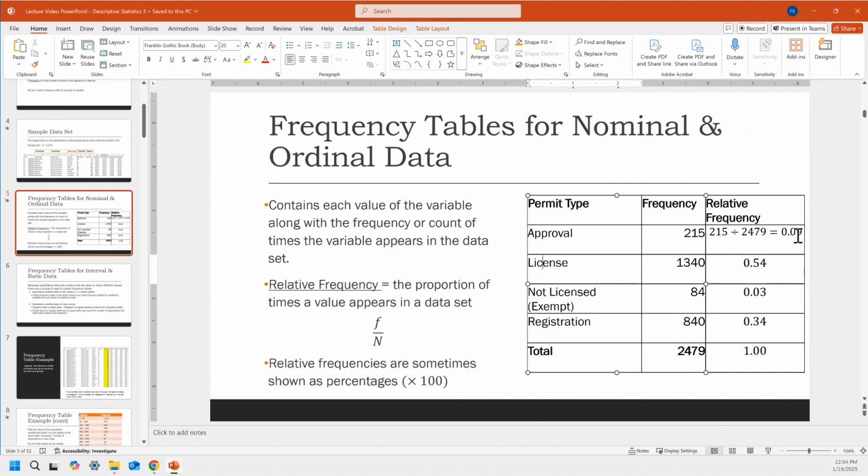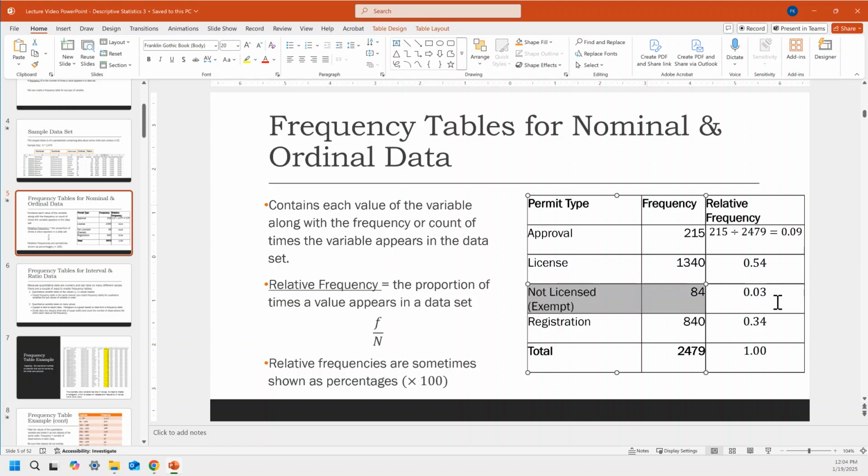And then if I wanted the cumulative relative frequency for this next category, I would take this relative frequency, the 0.03, add to that the 0.54, and add to that the 0.09. So you're basically getting the frequency of that category or that value and all of the previous values that you have already listed in your table.